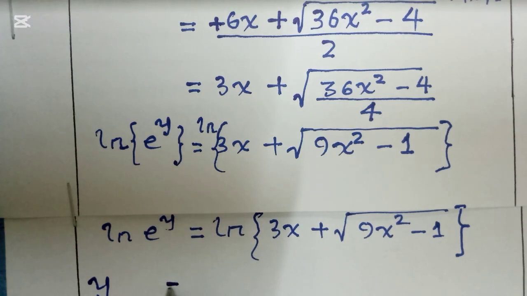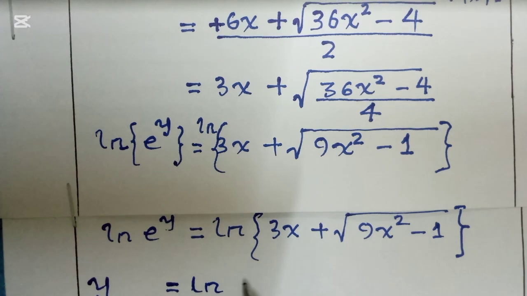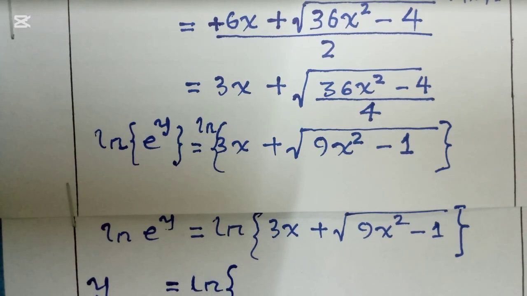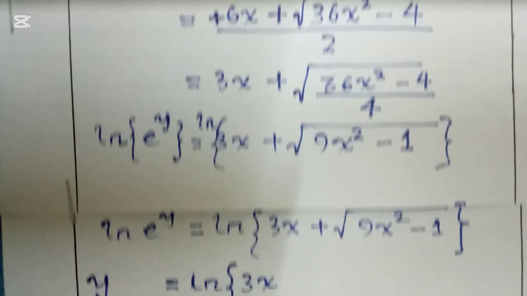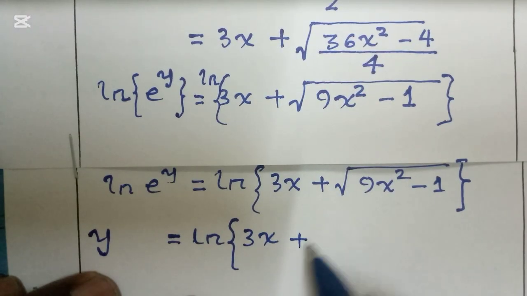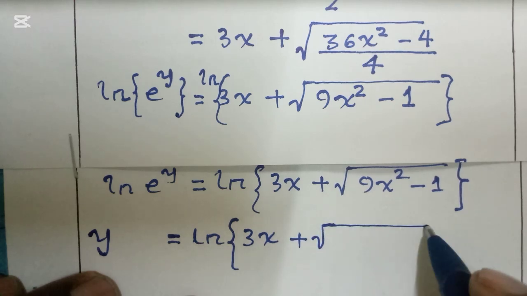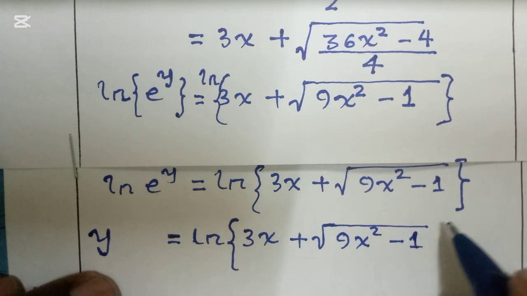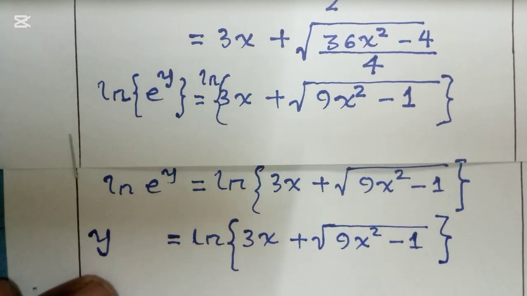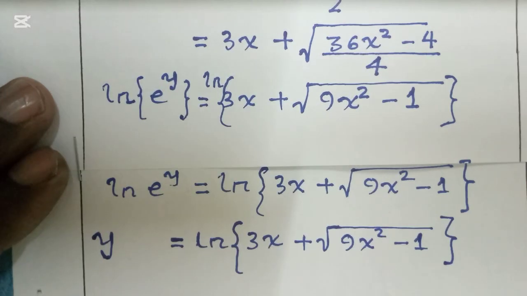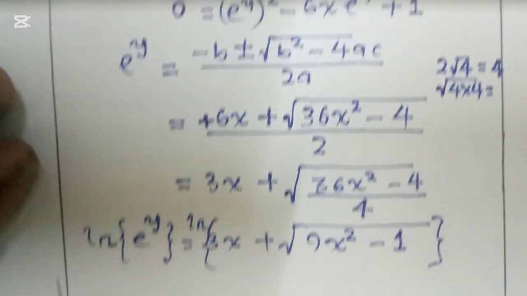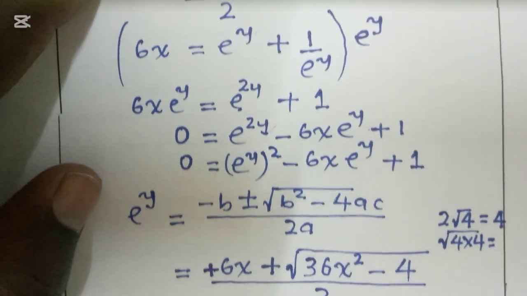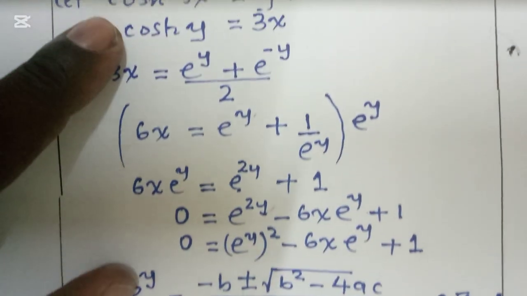Then y is now going to be equal to ln, that is log e, log to base e of 3x plus square root 9x squared minus 1. So now, guys, as you can see, at first we had said that cos inverse 3x is equal to y, which is here.